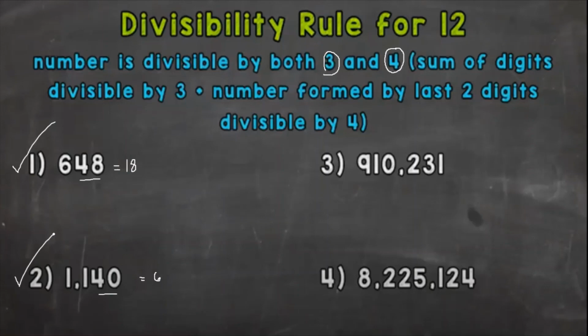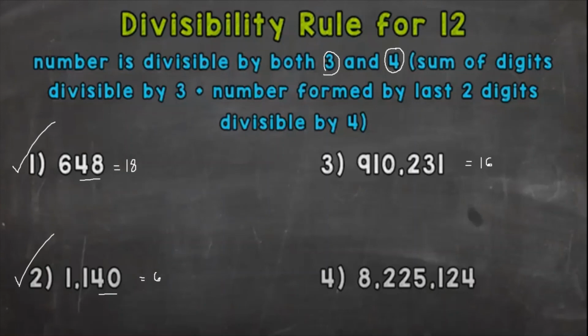Let's go for number 3. Number 3, let us add all of its digits. 9 plus 1 is 10. 10 plus 2 is 12. 12 plus 3 is 15. 15 plus 1 is 16. 16 is not divisible by 3, right?